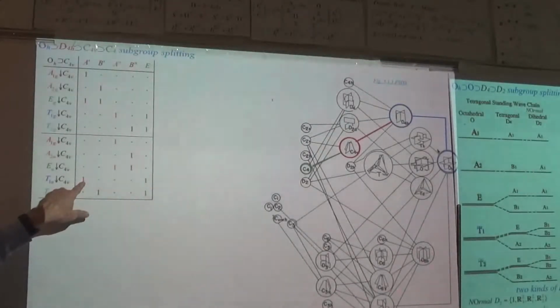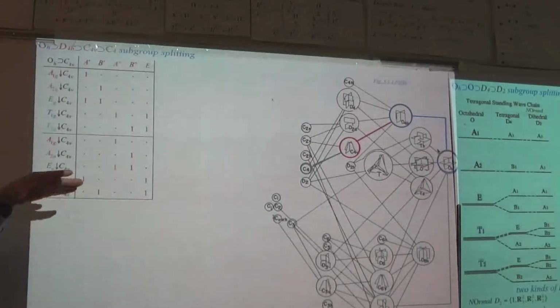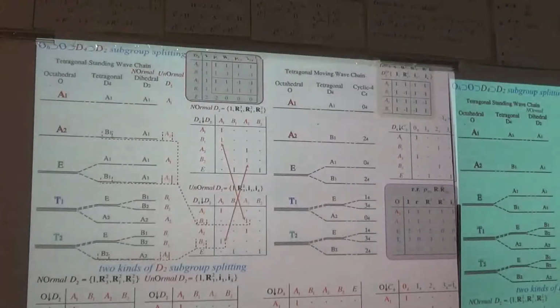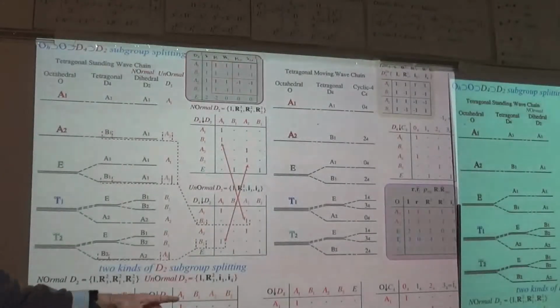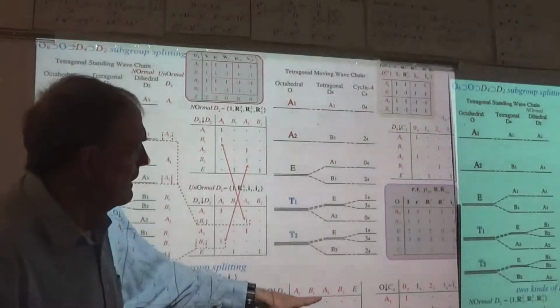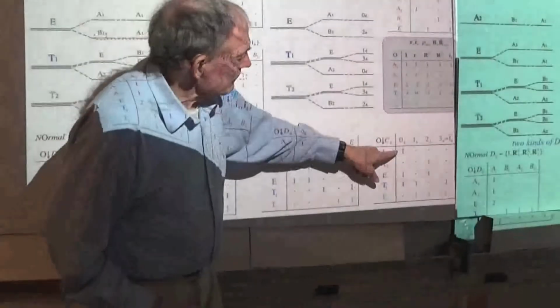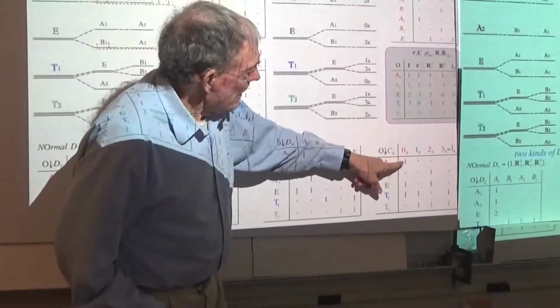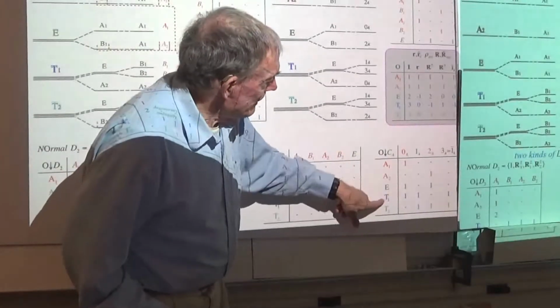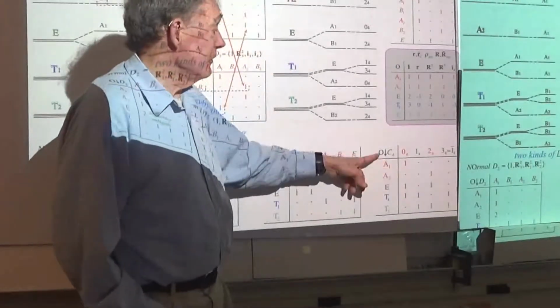So when we work out the actual pictures of the waves for the cluster 0 mod 4, and let me back up here just to make sure you know what I'm talking about on the screen where it isn't on the chalk tray. Here we're talking about the cluster we'll work with today, A1, E, and T1, but of course that's just the octahedral group.